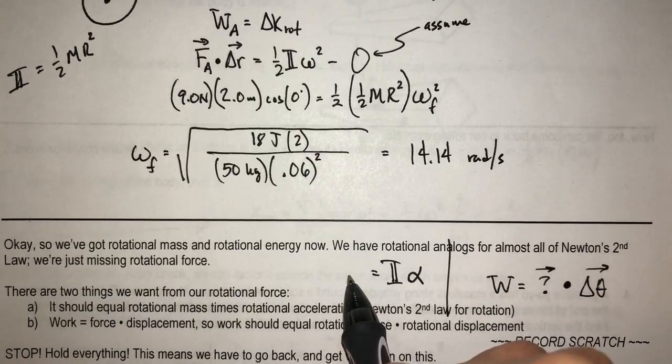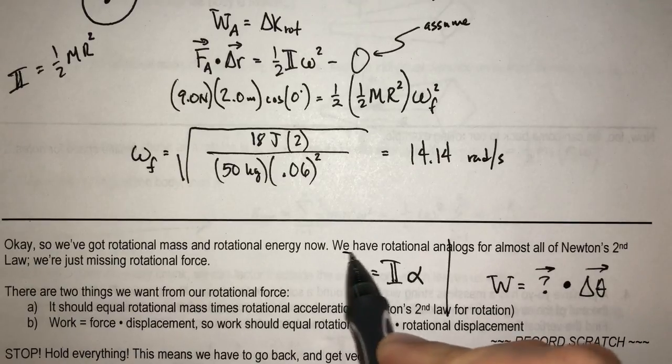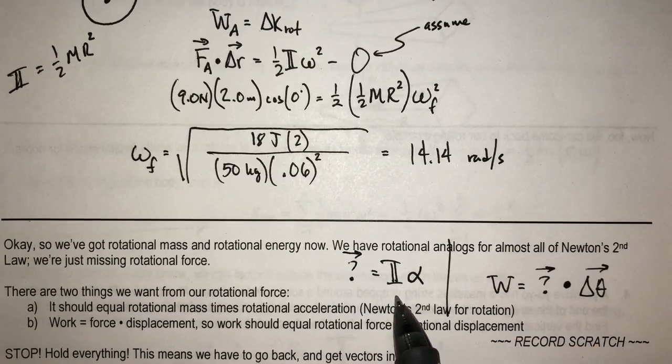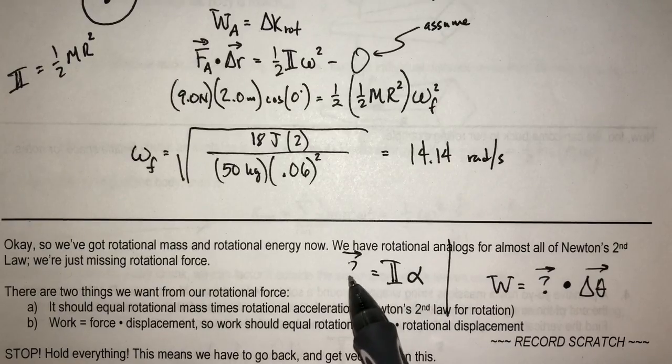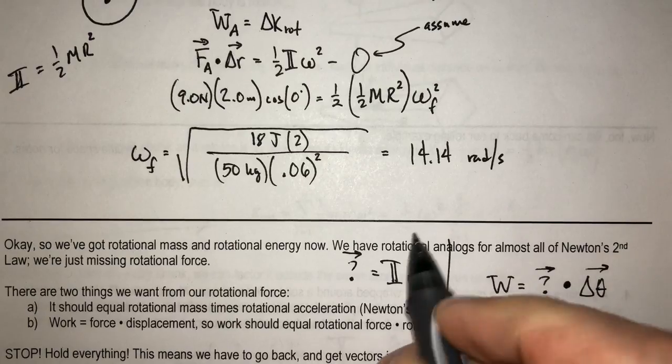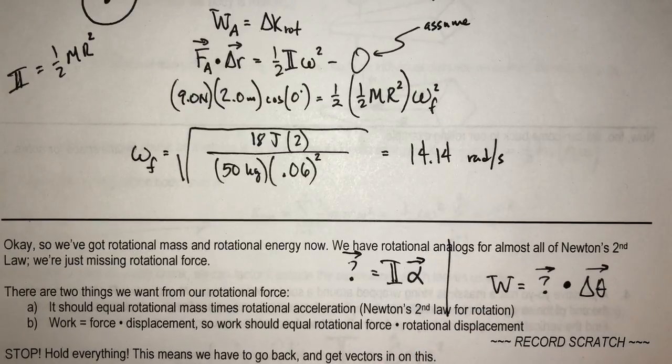Okay, so this question mark here is a vector. Rotational mass, I think, needs to be a scalar. We only multiply scalar things to find it. But that means that in order for this equation to have vector nature on both sides, the angular acceleration needs to be a vector as well.